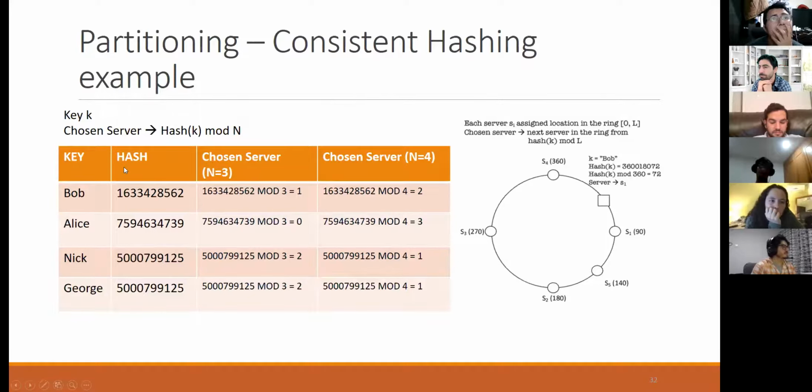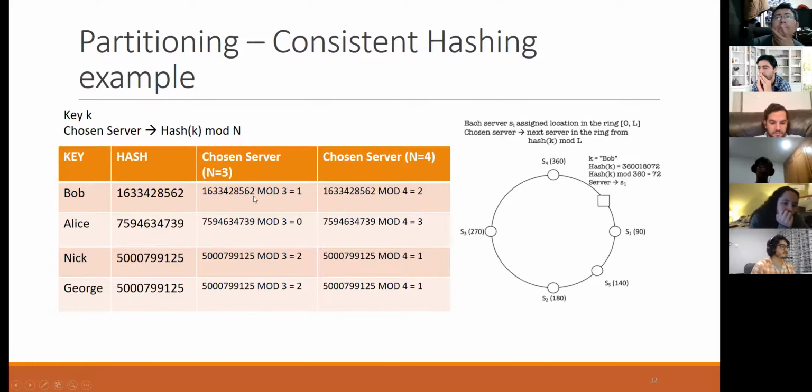Okay, and here we have a short example of what we have mentioned. So imagine having a ring with these 4 data trying to get inserted. If we are dealing with n equals 3, it will be this operation with the mod. And in this case, the result would be 1, 0, 2, and 2. But if we are trying to scale to have a new node, it will be n equals 4.